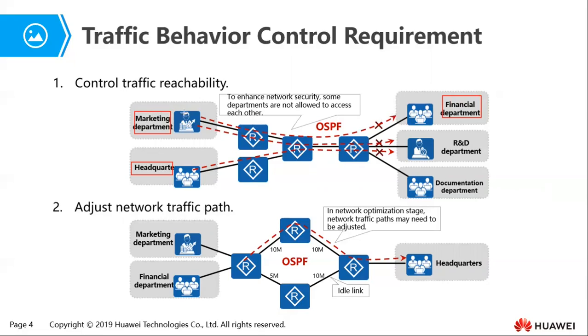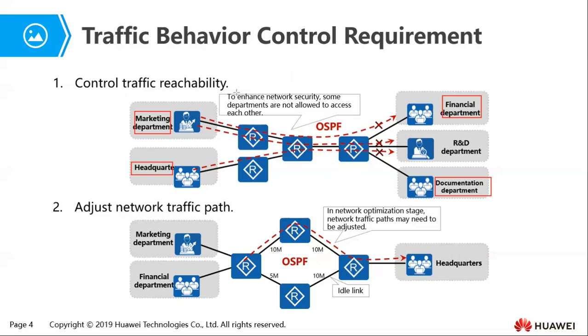So you don't want the traffic from the marketing department to be able to access the finance department. Similarly, you don't want the marketing department to access the R&D department. You don't want the headquarters to access the R&D department. But all of them can maybe access the documentation department.